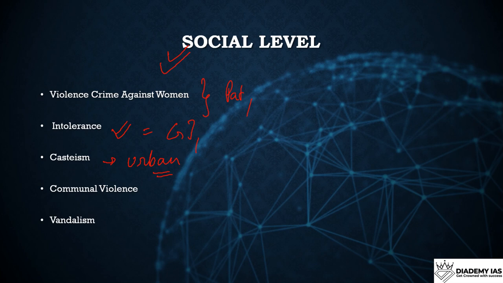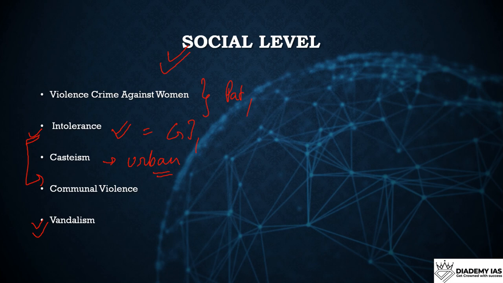Next, coming to communal violence, that we understood from intolerance only. We can link it: we are being intolerant towards other communities, right? Vandalism is a good example here, because people think it is justified since they are protesting for a reason. But the point is, you cannot destroy public property.